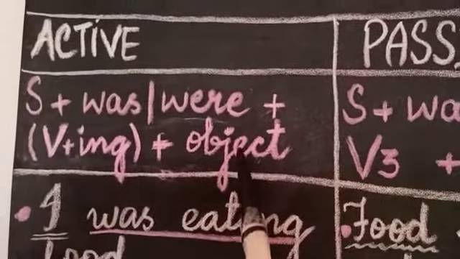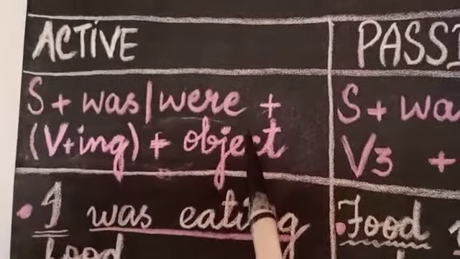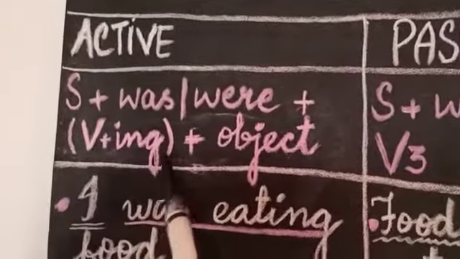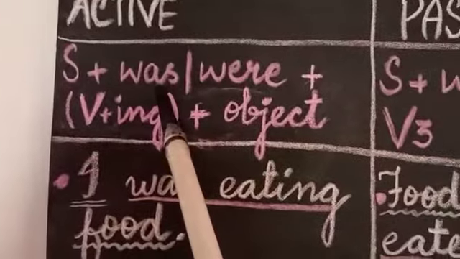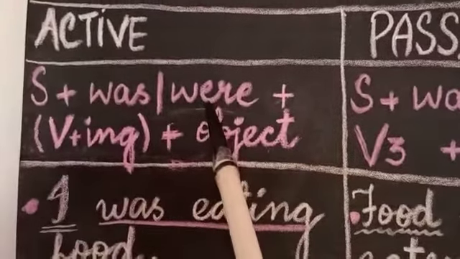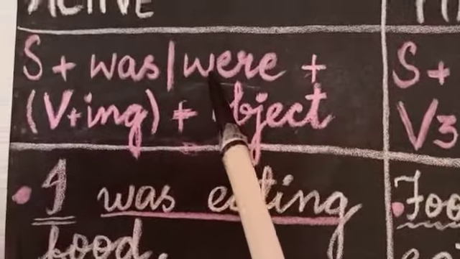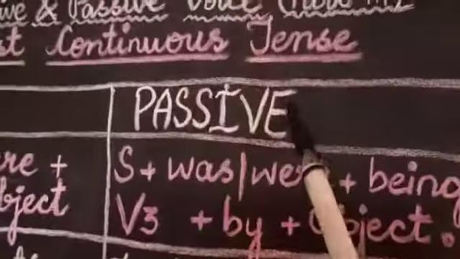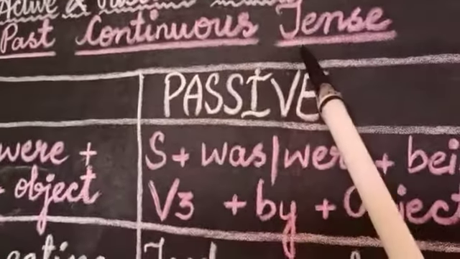It answers what or whom of the verb. And my dear students, this was is used with singular subjects and I, and this were is used with plural subjects and you.